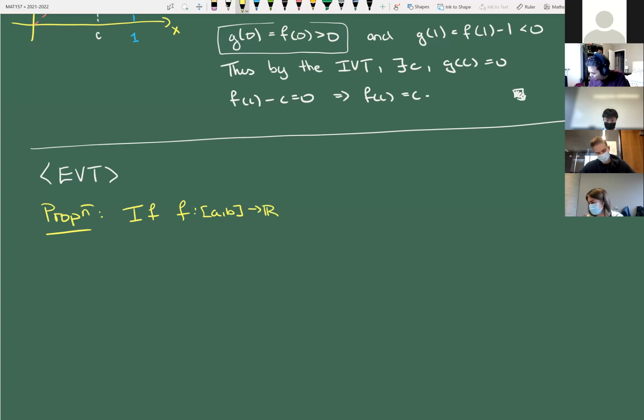So if this is continuous, then it's bounded. So every continuous function is bounded, rather.